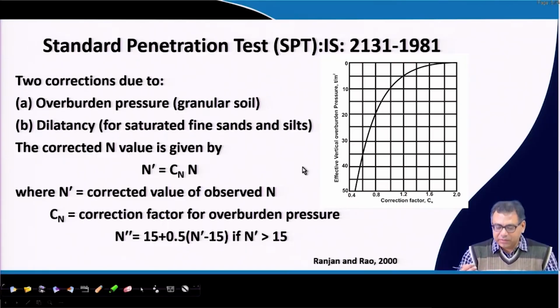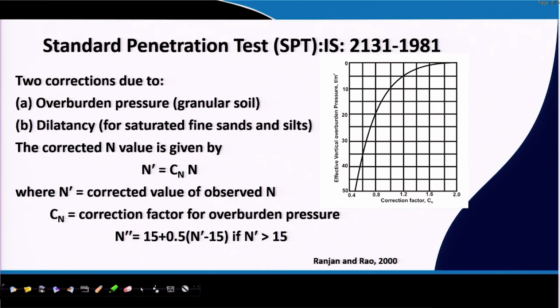As I have discussed, if the effective overburden pressure is less than 10 ton per meter square, then the corrected N value should be more than the measured N value because of the overburden pressure correction. If the effective overburden pressure is more than 10 ton per meter square, then the corrected N value is less than the measured N value.